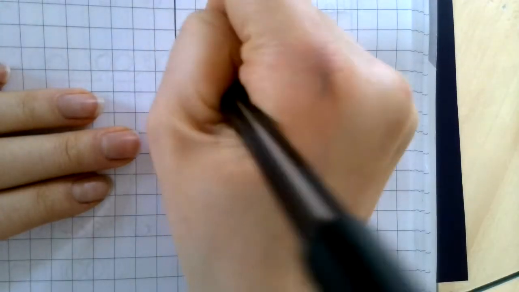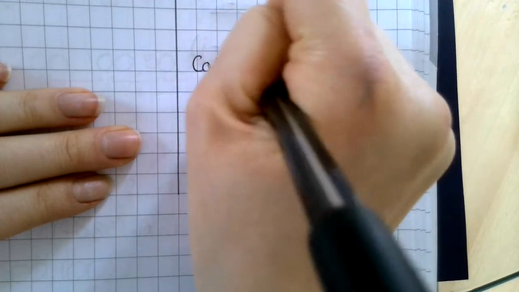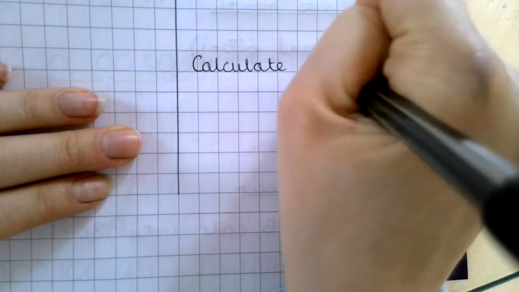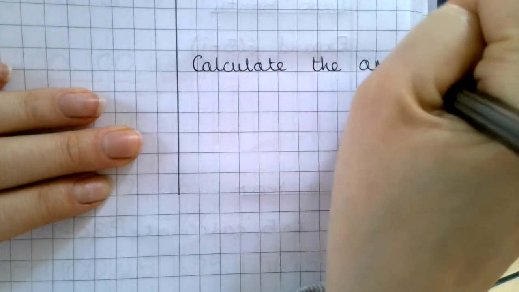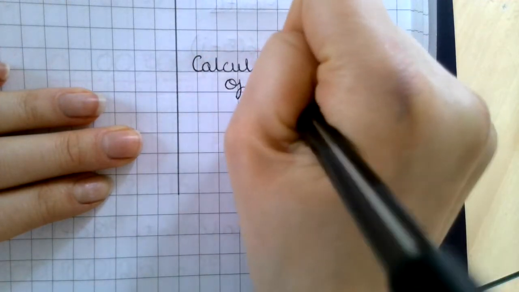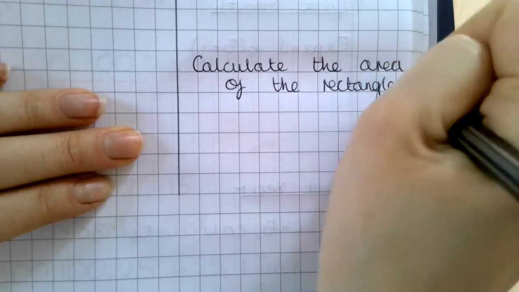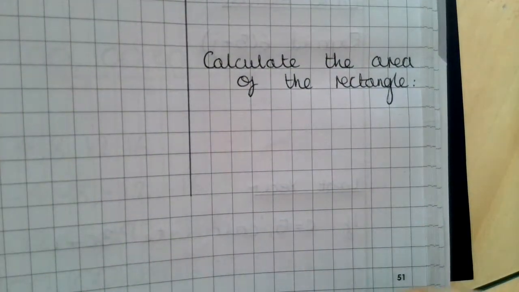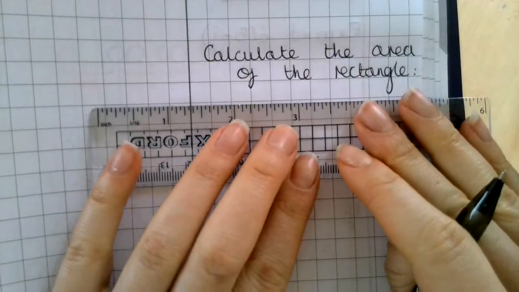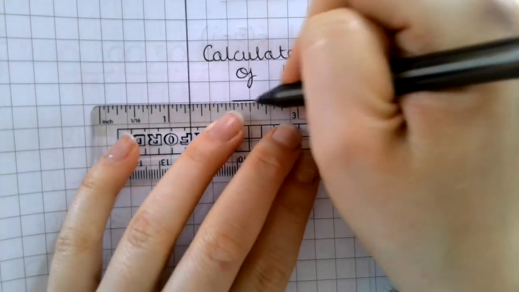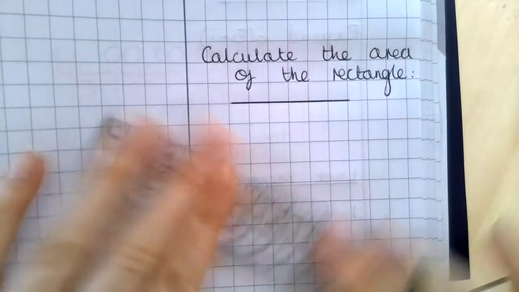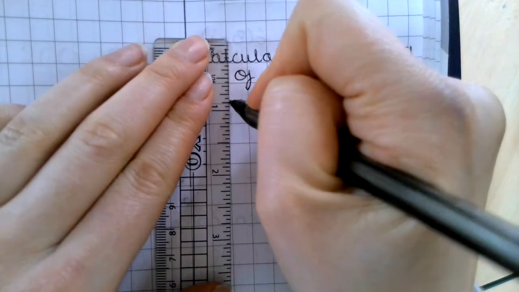So we're going to calculate the area of the rectangle that I'm about to draw. So when you're copying this up, remember guys, use a ruler. Does not have to be to scale.